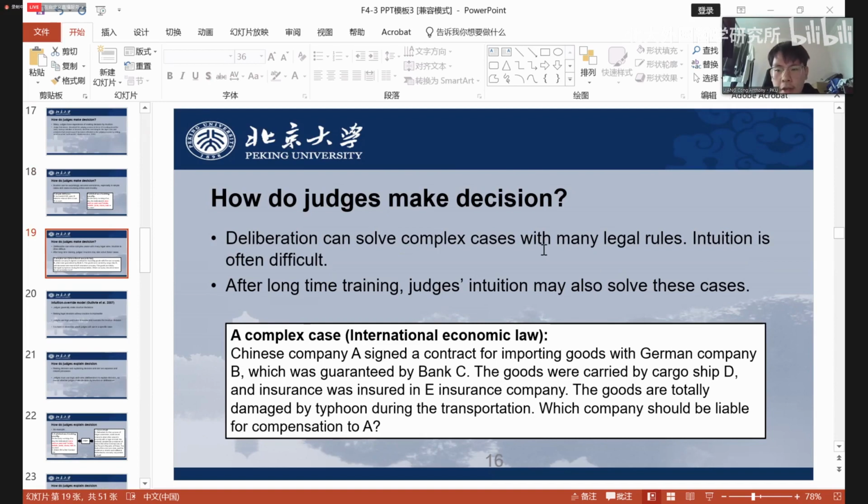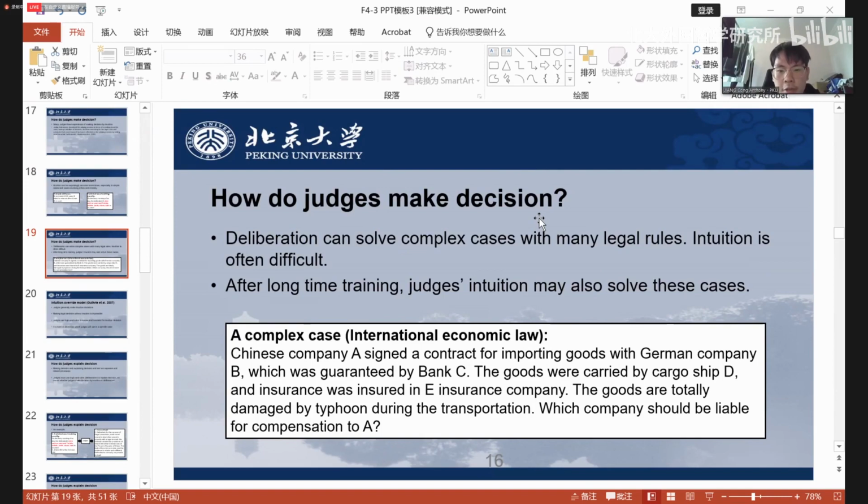For example, as we can see below, is an international economic law case. A Chinese company A signed a contract about importing goods with German company B. The contract was guaranteed by Bank C. After that, the goods were carried by cargo ship D, and they bought insurance.